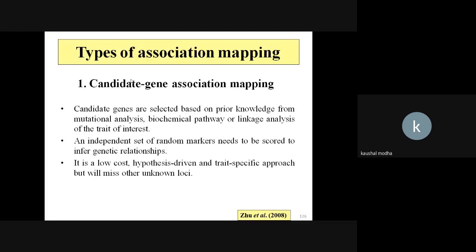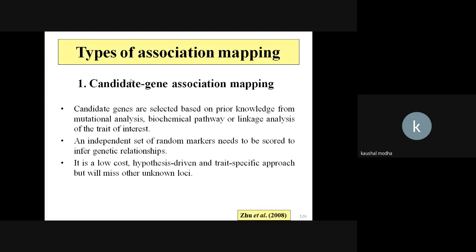Through mutational analysis, biochemical pathway analysis, or linkage analysis, we know a few things about that gene. So some prior information is available, and we only focus on that limited or candidate region to find the polymorphisms associated with the trait.